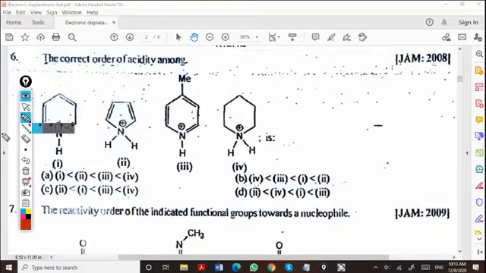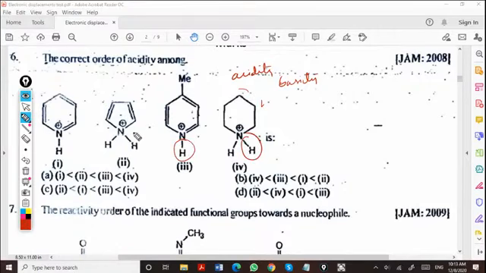So let's make a relationship between acidity and basicity of these molecules. Let's say I'm going to find the basicity of all these molecules before they accept the H plus.